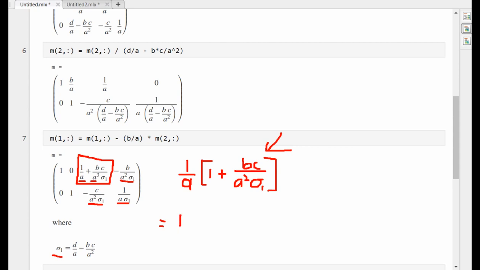So I have 1 over a times the determinant, sorry, that's AD minus BC.